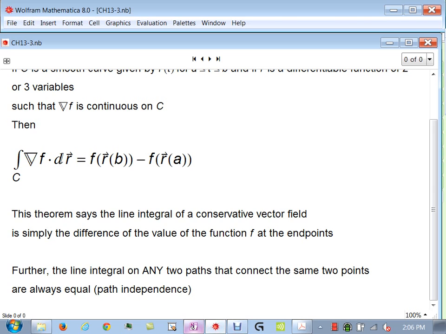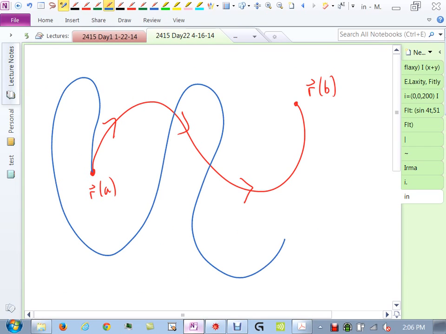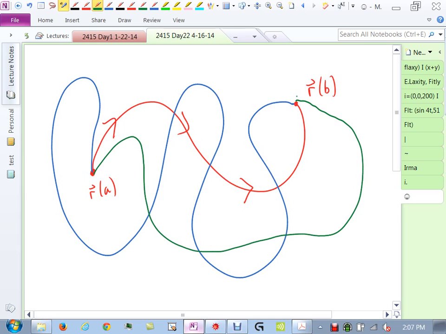So if I have a path that looks like that, another path that maybe does this, and maybe a third path that does this, the line integral over C of the gradient of F dot dr will be the same for all of those paths because they all have the same starting point and the same ending point. But the condition is that what we're integrating over, the vector field, is the gradient of F for that to be true.